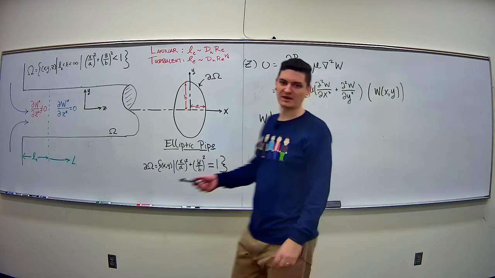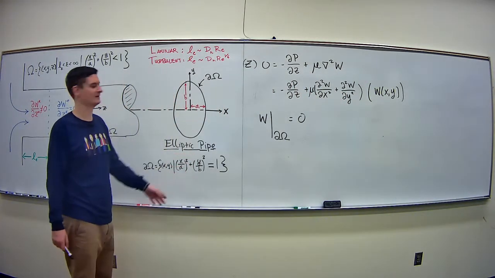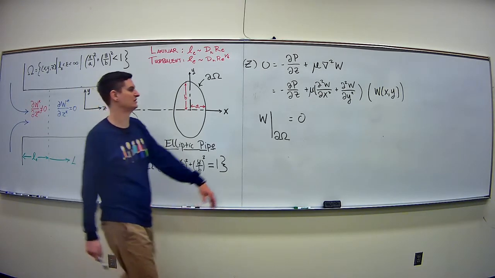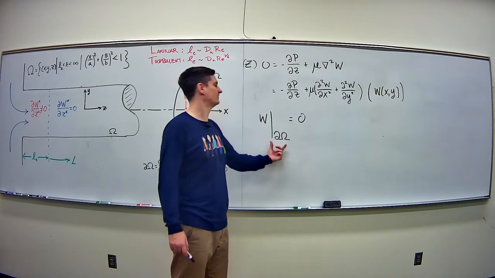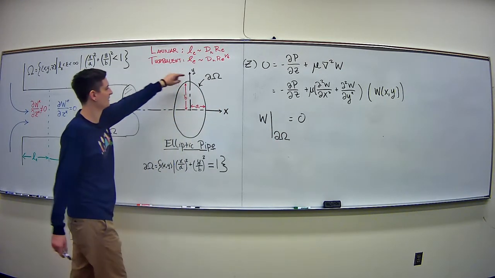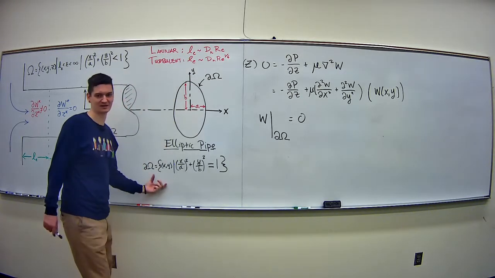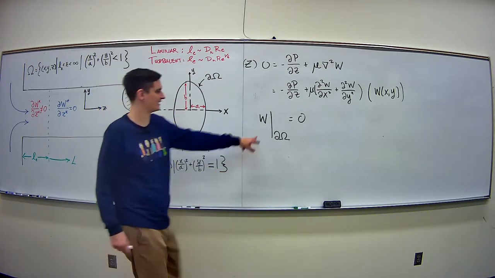So evaluating on the boundary means, if I take any points that are in this set, the x and y have to obey this equation, I have no slip. So that's this notation here where I say W evaluated at this set. Because as we saw, the actual boundary of my elliptical pipe is defined by this closed set. This means any x and y such that this is equal. So that's that expression right there.